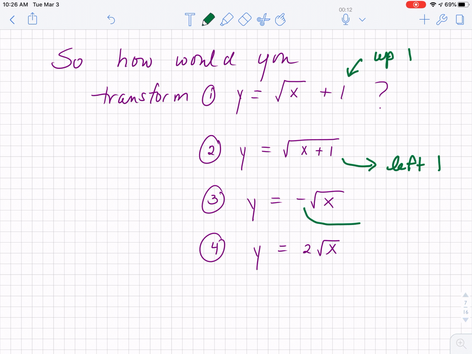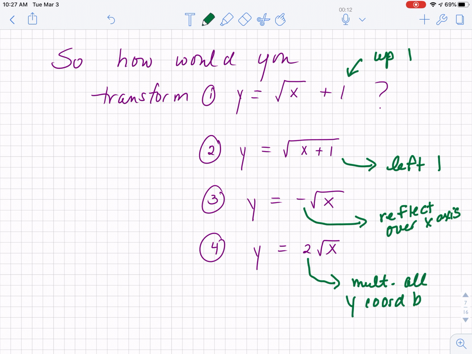What do you think that's going to do? It's going to reflect it over the x-axis. In other words, it's going to make that graph go upside down. And what about this 2? That 2, you're going to multiply all the y coordinates by 2. Okay?